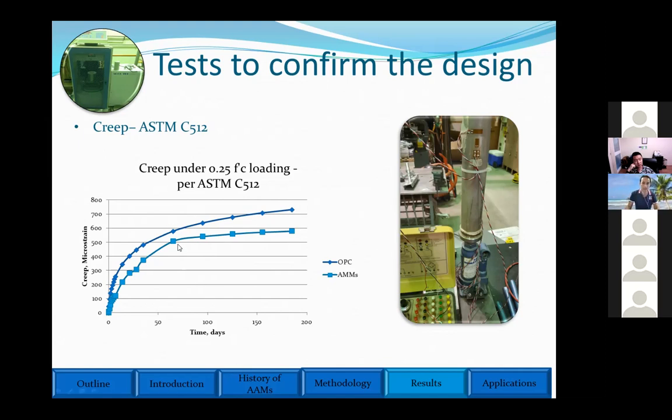This graph says that if you wait almost 3 to 4 months for concrete elements that we fabricate out of alkali activated materials, it's enough. And over these 3 months, nothing very bad happened. But for normal concrete, even after 5 years, your deflection is going to be double.